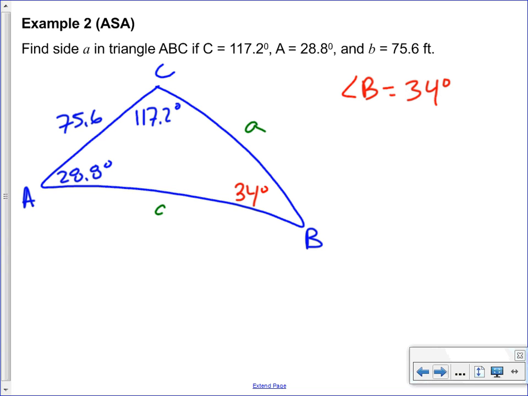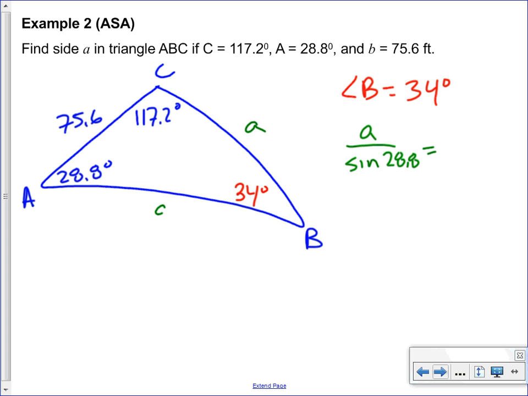All right. So, A is to sine 28.8, right? A is to sine 28.8 as. What would you set up?